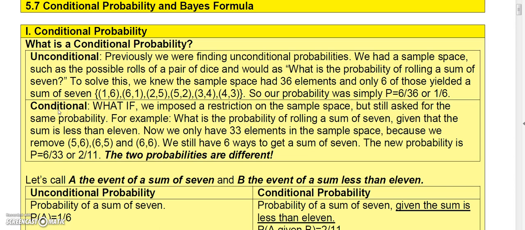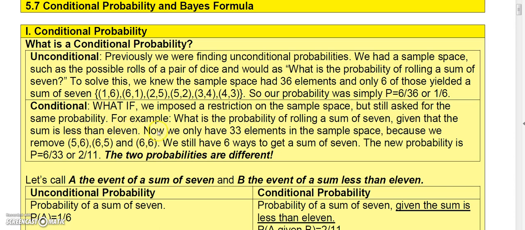But in the conditional case, what if we imposed a restriction on the sample space but still asked for the same probability? For example, what is the probability of rolling a sum of 7 given that the sum is less than 11?